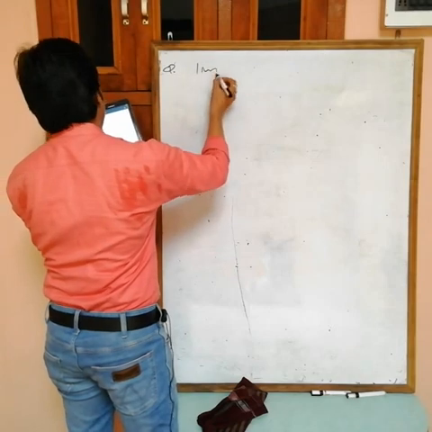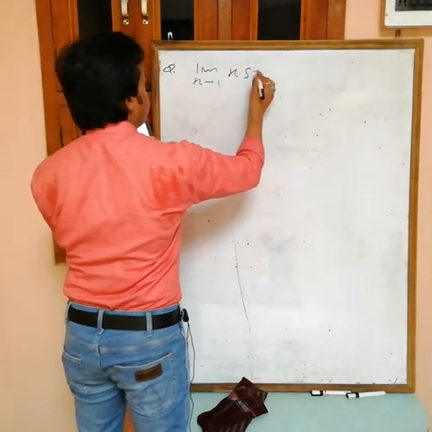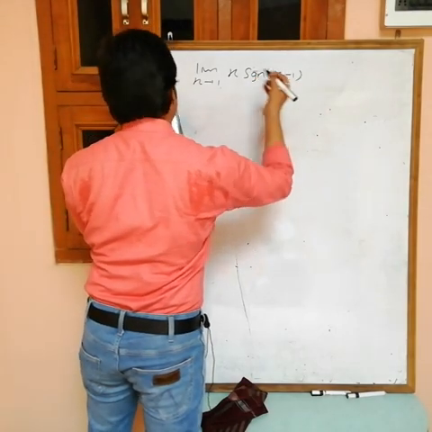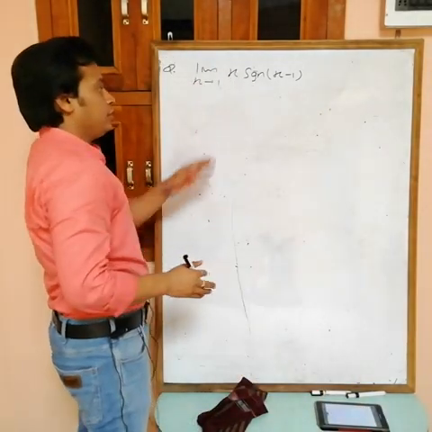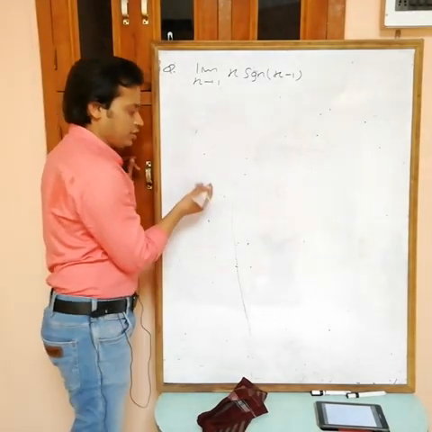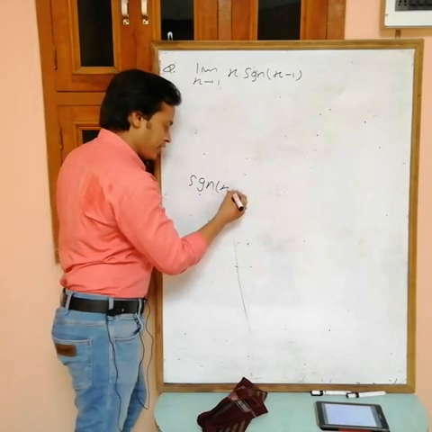Next question is limit x tending to 1 of x into signum of x minus 1. Now, signum of x minus 1. You know about the signum function, no? If you didn't know, then see. Signum of f(x).